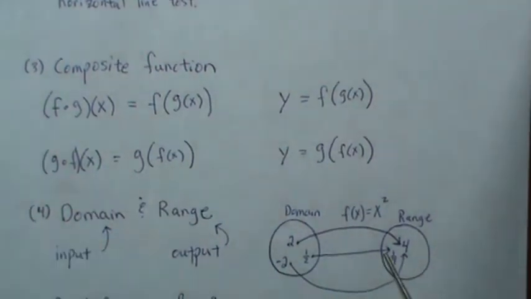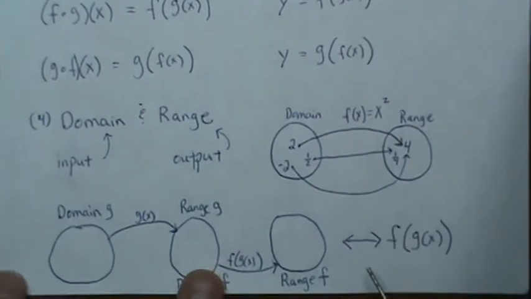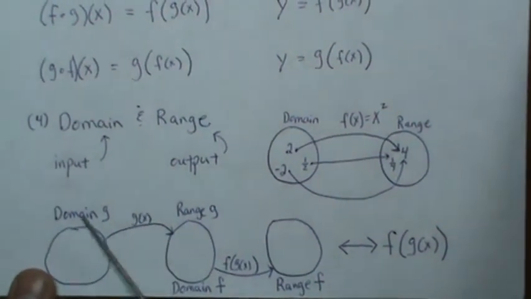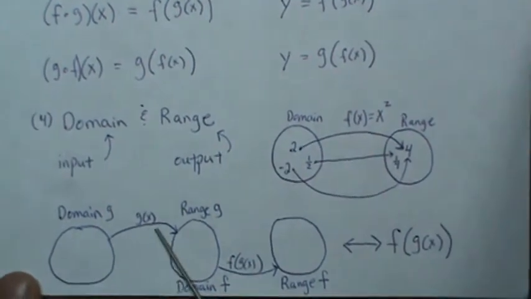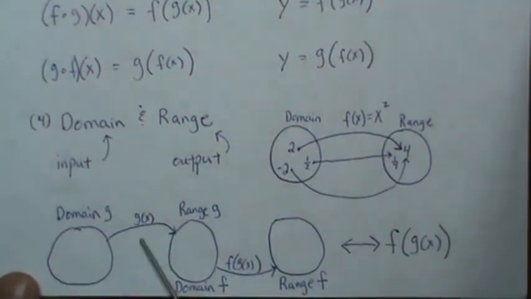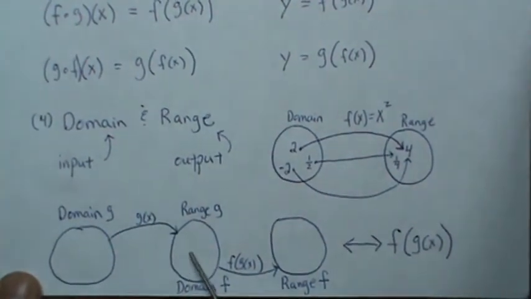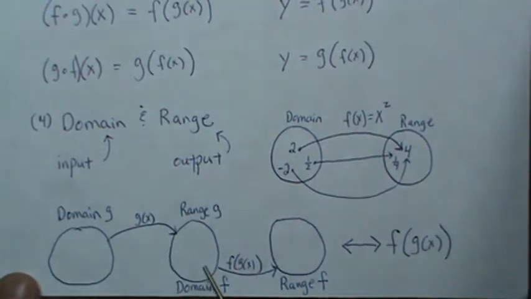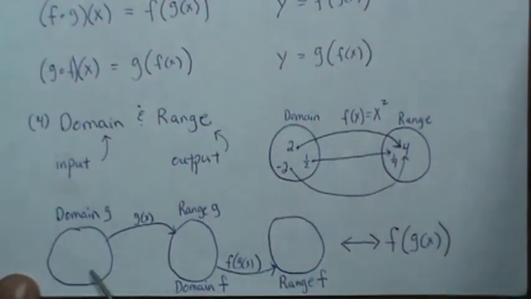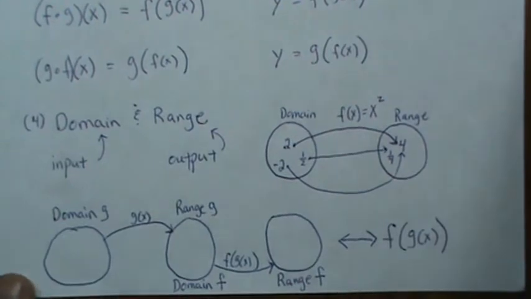Okay? And now this is a picture of a composite function. So you have a domain, and then you have a function that's mapped to a range. Now these are g of x values, but this could actually be a domain for another function called f, and then that's mapped to a range. So it's a composite function there.